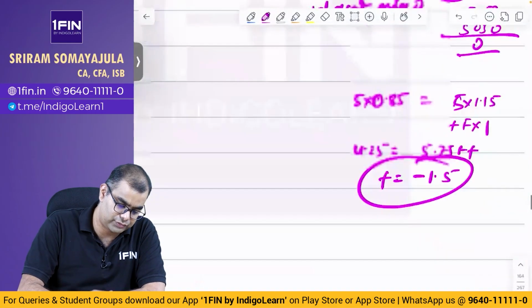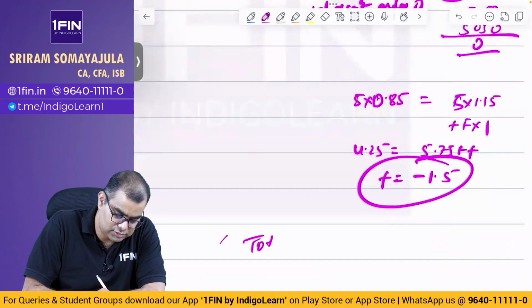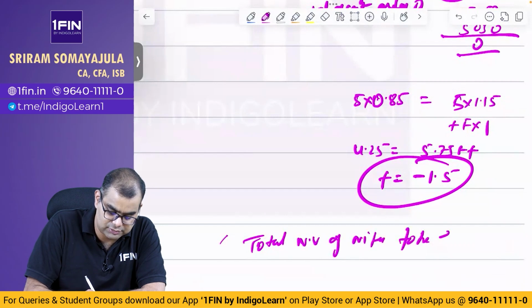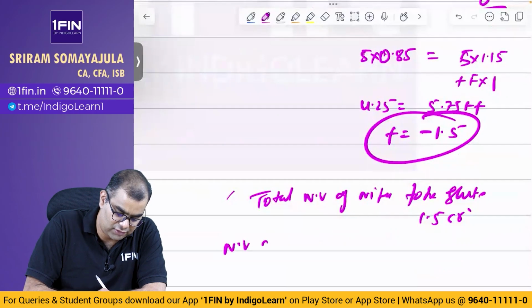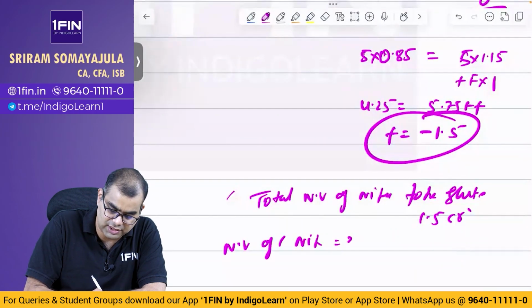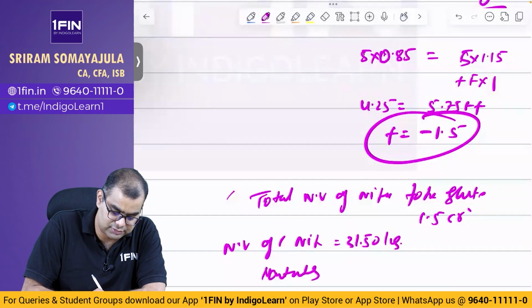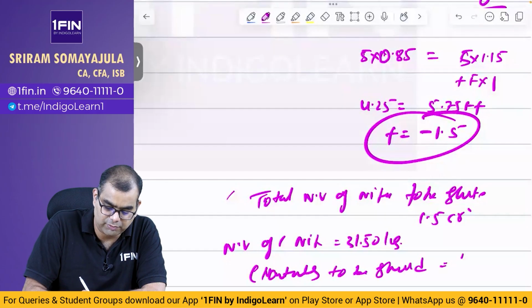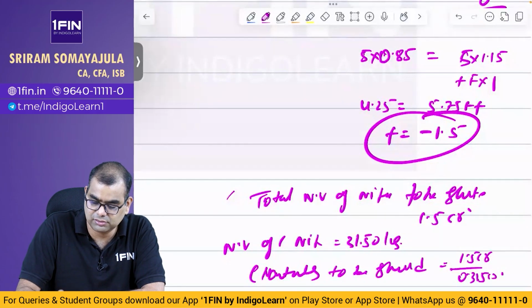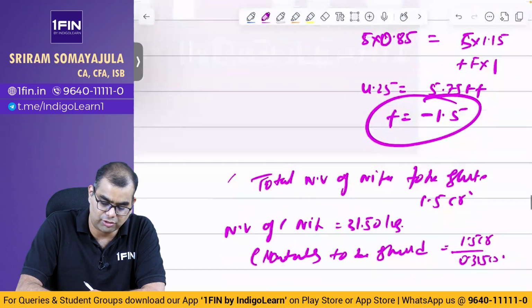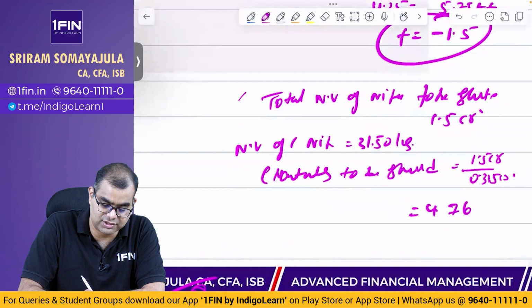The total notional value of Nifty to be shorted is 1.5 crore. The notional value of one Nifty contract is 31.5 lakhs. So the contracts to be shorted are 1.5 crore by 0.315 crore, which is 4.76. That is 4.76 contracts.